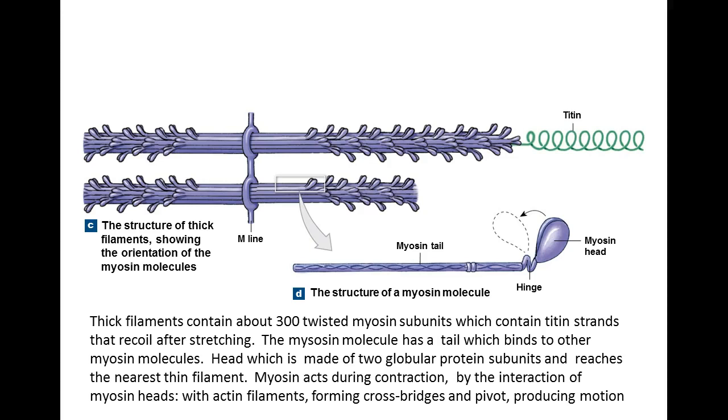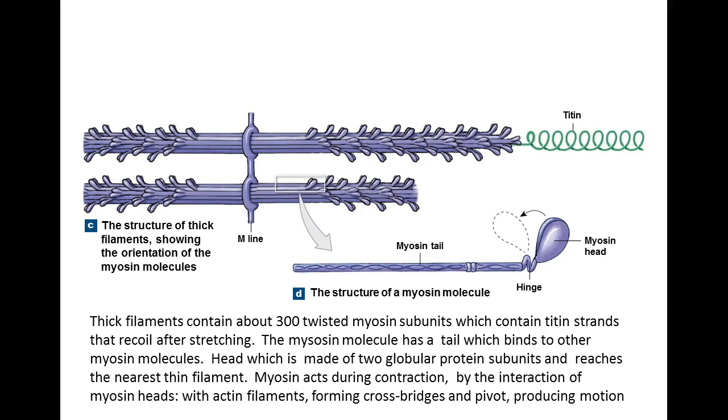The arrangement of the thick filaments is such that you have a tail, you have a head, just like you see here, and then you have a little connection between the tail and the head, and that's called the hinge. Thick filaments are made up of multiple of these units twisted together, and in the core of the twisting together you have these titin proteins, and then the titin proteins are attached at either end via this Z line, and remember the Z line is made up of a protein.